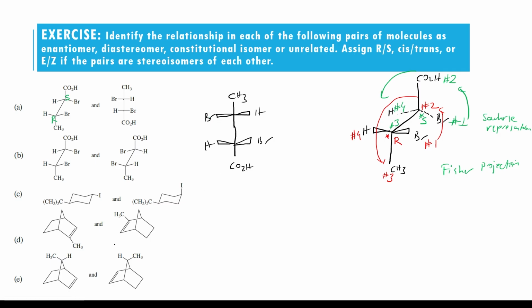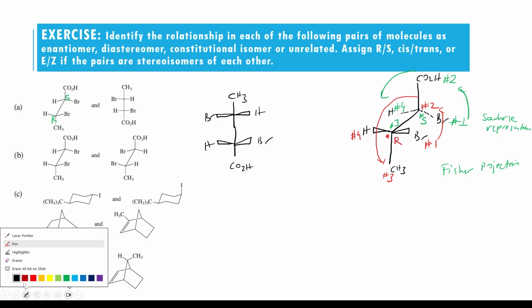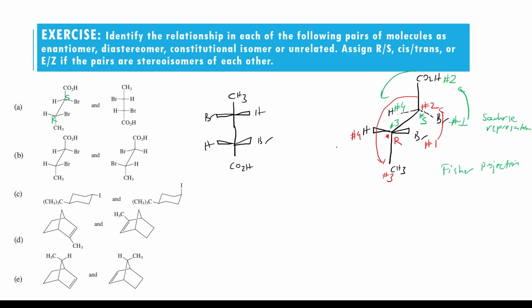Again, we have to follow the same. I'm going to use red color again for the chiral carbon. The one with the methyl, this one, is the chiral center, and we know that hydrogen should be number 4, bromine should be number 1, this carbon should be number 2, and methyl should be number 3.